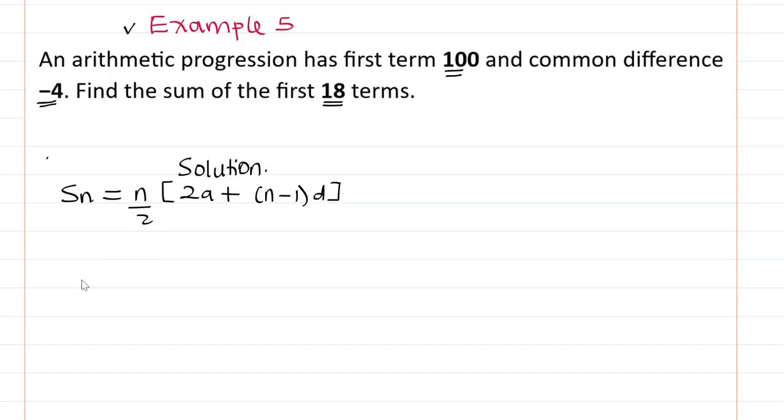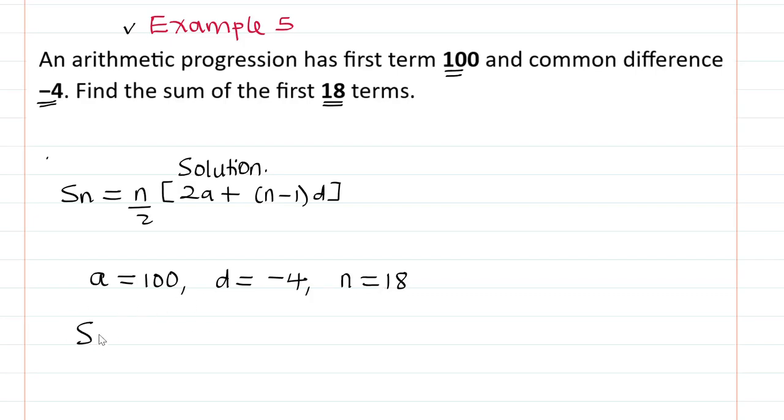So we collect our data. We are given the first term a as 100, the common difference d as -4, and the number of terms is 18. So we substitute for these values accordingly.